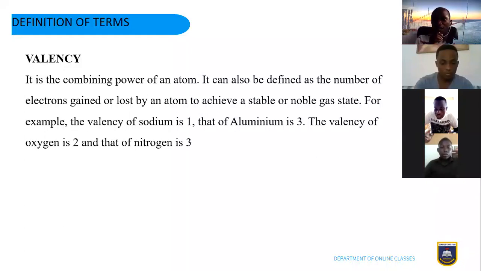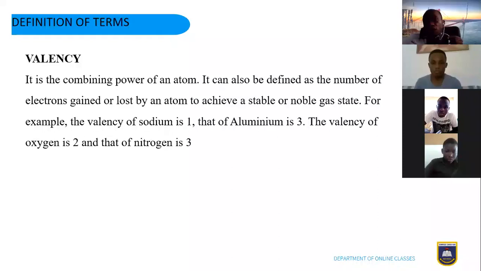By stability, I mean they want to behave like the noble gases, where they have a maximum of 2 electrons in the valence shell to achieve what we call the doublet rule for elements like hydrogen, lithium, beryllium, boron. Or they have a maximum of 8 in the valence shell to achieve what we call the octet rule for elements like sodium, potassium, and the rest.